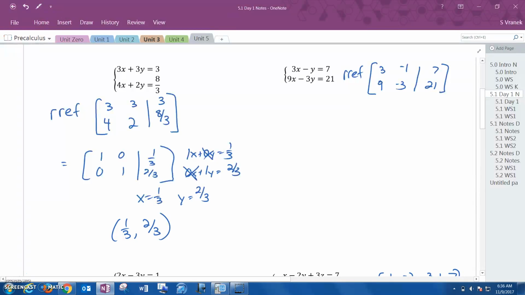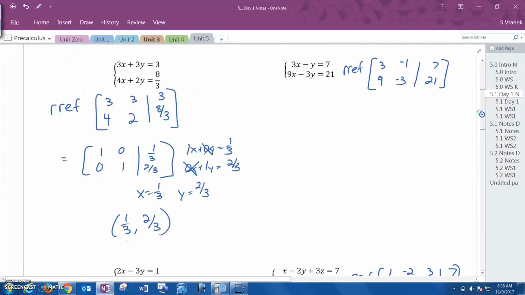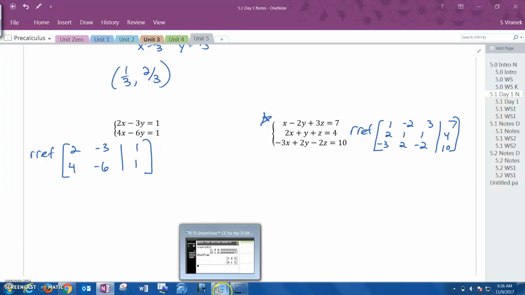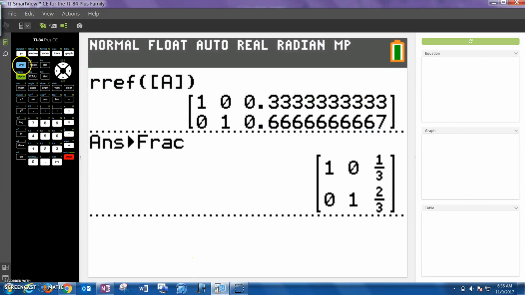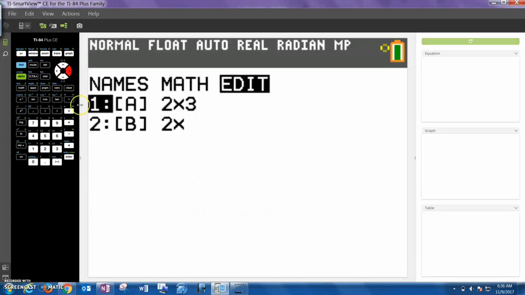Now, I'm not going to go through every calculation again. Actually, let me do one 3x3. Let me go down to number 4 here. I'm going to do this one right here to just show you how that changes. I'm going to go to my calculator and enter these numbers again. Same thing, you go to second matrix, go over to edit.